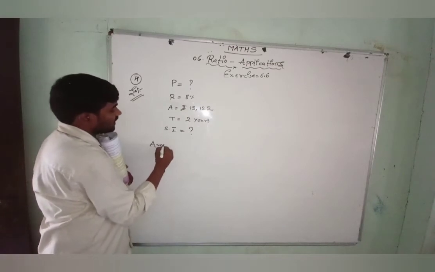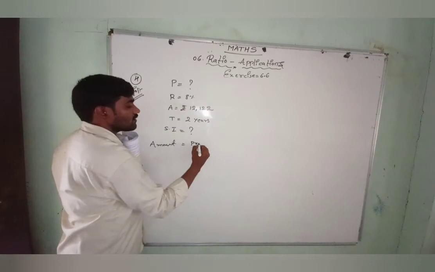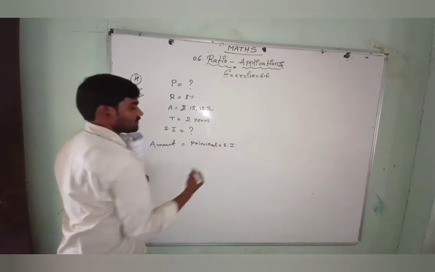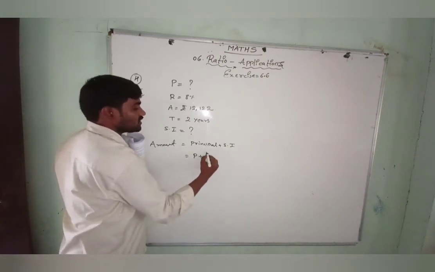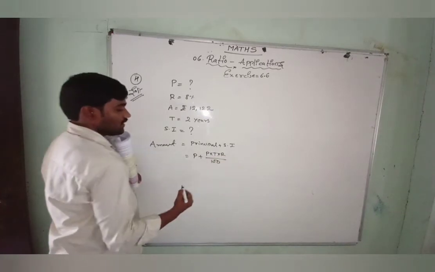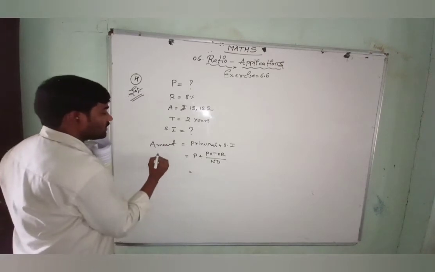The amount formula is what now? Amount equal to principal plus simple interest. Principal is nothing but P, plus simple interest formula P into T into R by 100. Yes or no? So we substitute the amount here. What is the amount?